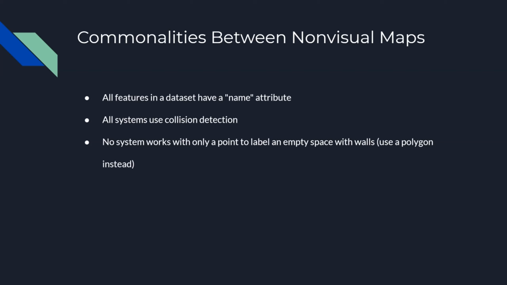So I'm going to look at two different types of maps: tactile maps and auditory maps. Each one of these has very similar requirements. One of them is that each map needs to have a name attribute. When you're in one of these other modalities, they're more egocentric.